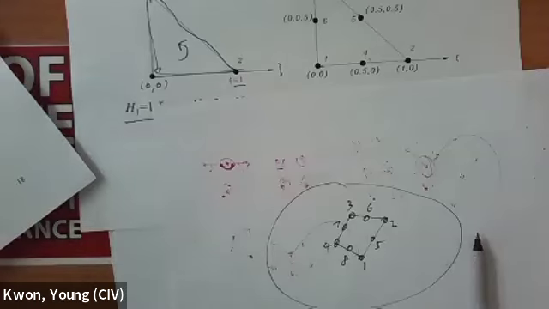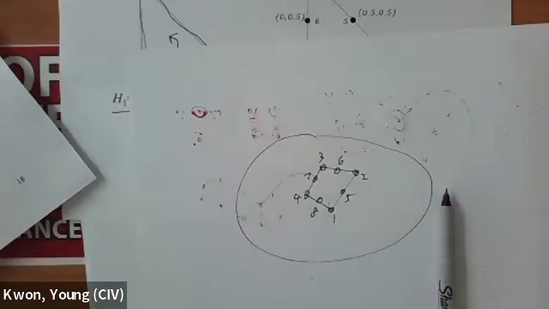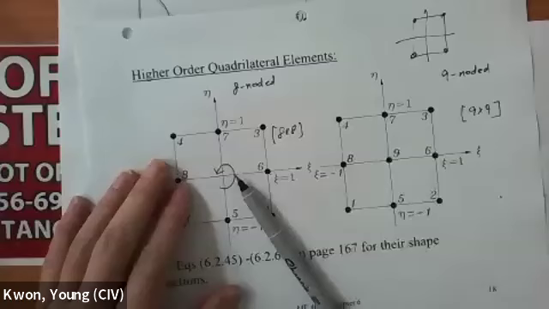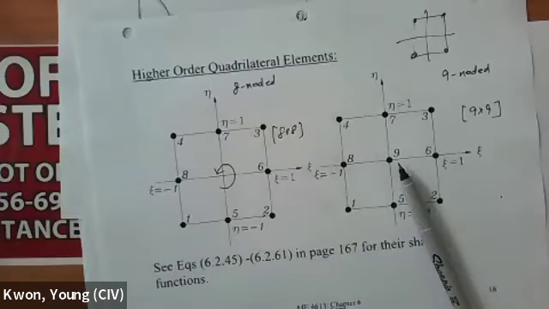Then the question is, if you want to use any commercial program like ANSYS or Abaqus or whatever program we have, how do I know what kind of nodal sequence the program uses? Then you need to check the element library in the user manual. The element library shows you this kind of element: 4 noded, 8 node, 9 node, whatever they use in the program.